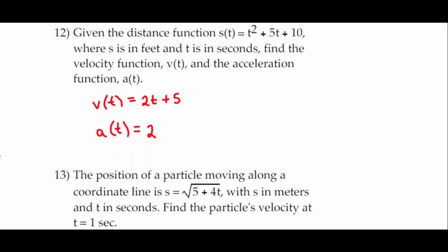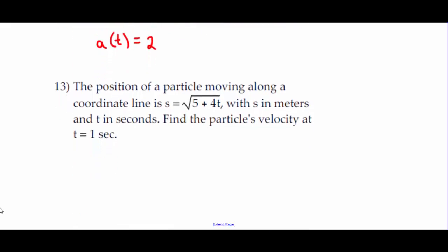So cool beans. Now 13 is kind of tricky because we are being asked to find the velocity at t equals 1. They give us the position, so we need to take the derivative of s. And this is a chain rule problem, because I need to change this to be to the 1/2 power, like we pretty much do anytime we see a square root in calculus.